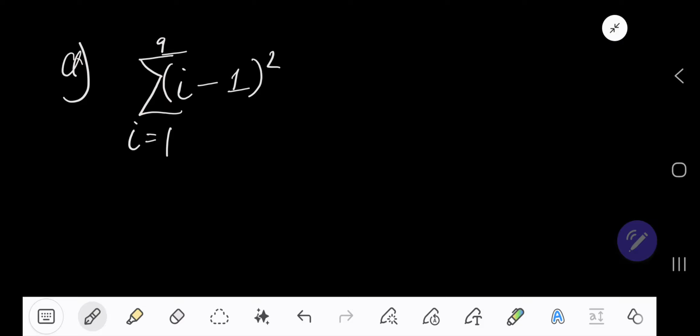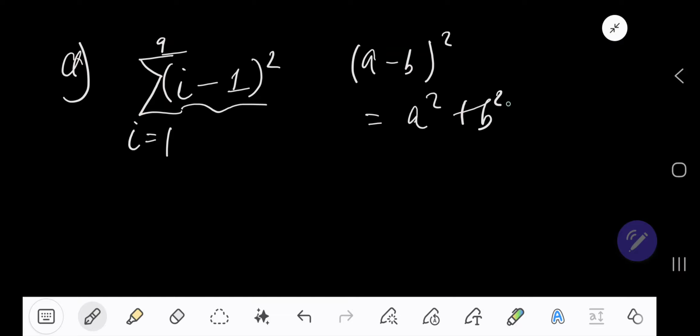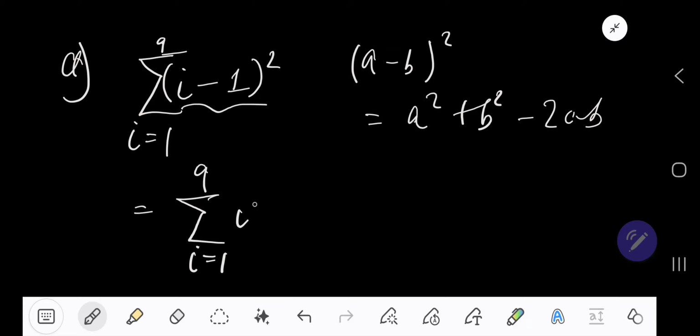You would obviously use the (a minus b) whole squared formula. (a minus b) whole squared equals a squared plus b squared minus 2ab. So this would be equal to the summation of i squared plus 1 squared, which is 1, minus 2i into 1, which is 2i.